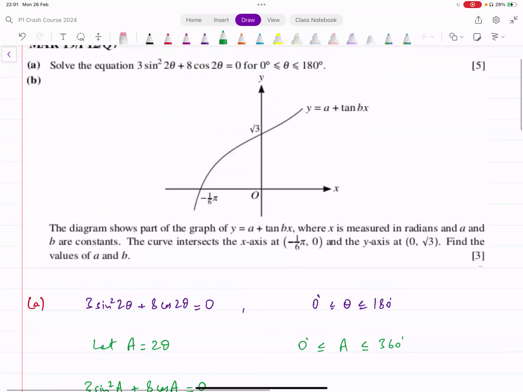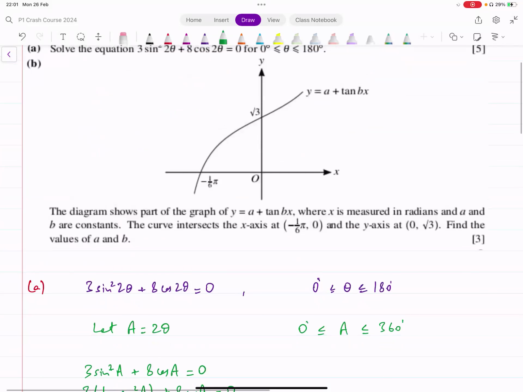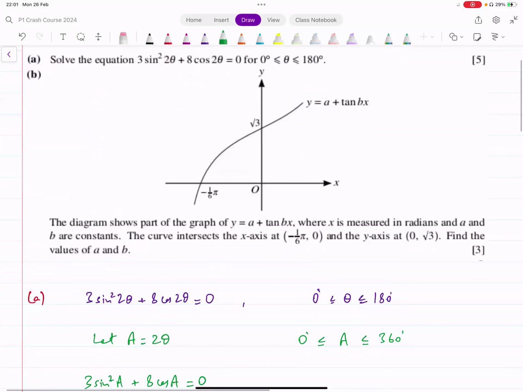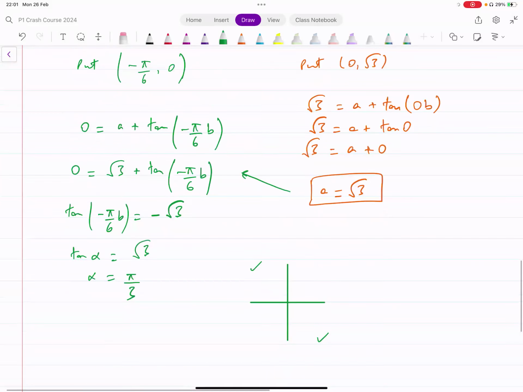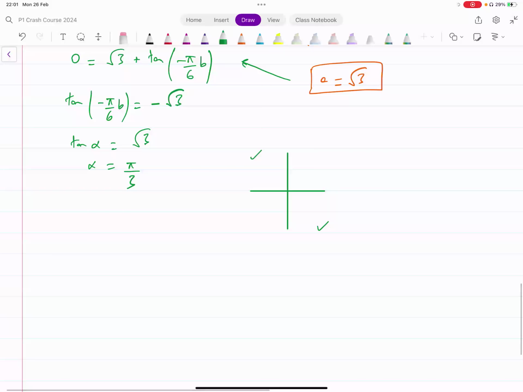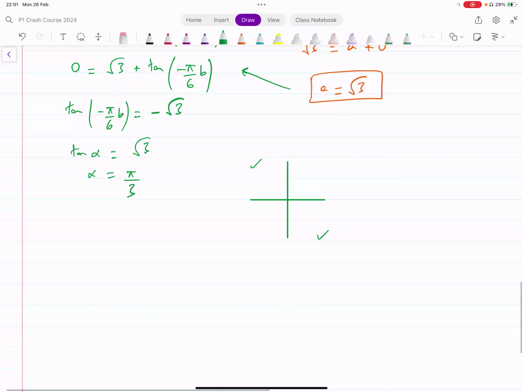That is negative. Okay, so tan is either the second quadrant or the fourth quadrant. Now we could have one value here. This could be pi over 3, or we could have here, this could be pi over 3.